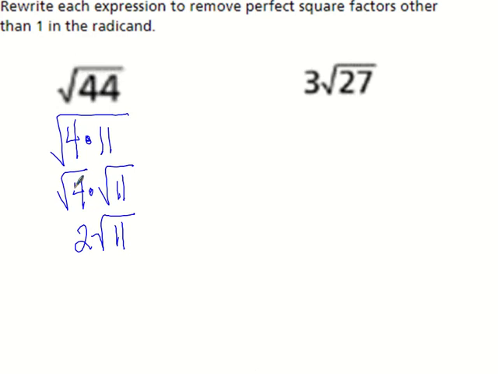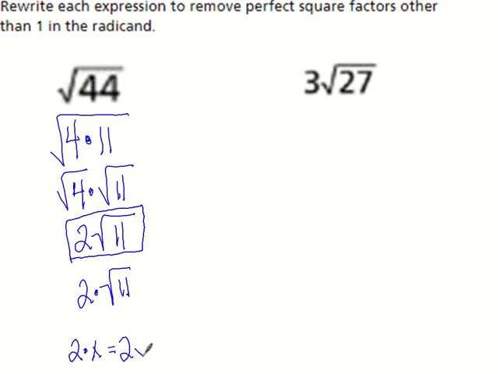That's because the square root of 4 is perfectly 2. Square root of 11 cannot be rooted. It's a horrible decimal, and so I just go 2 square roots of 11. This is the same as 2 times the square root of 11, but we just remove the times symbol. Kind of like when we do 2 times x is the same as 2x. It's the same idea. We remove that multiplication symbol.